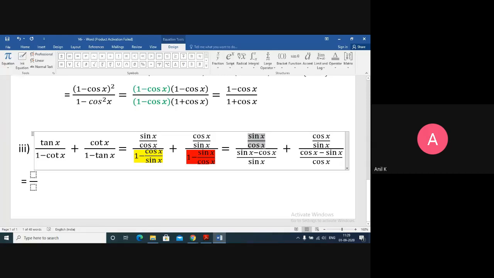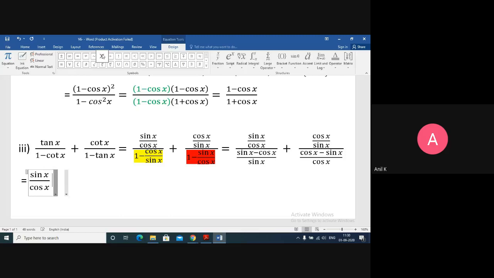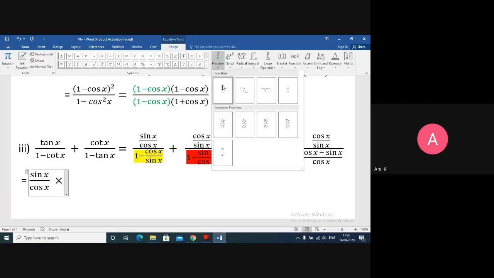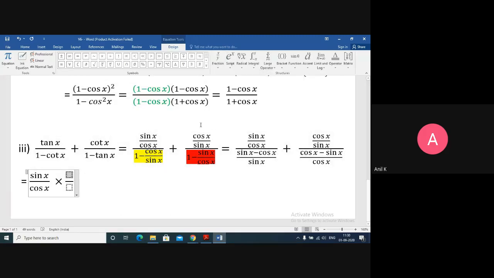So what I do is sin x upon cos x, and keep it as it is, then multiply by the reciprocal, because when I bring the denominator to the numerator it becomes the reciprocal. This sin x minus cos x upon sin x will become sin x upon sin x minus cos x. Everybody knows why this becomes the reciprocal. Okay, so this is what I got.